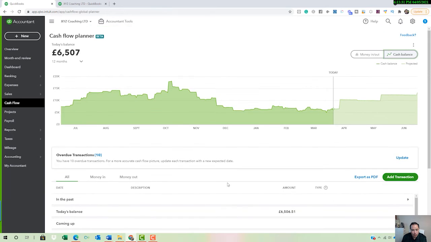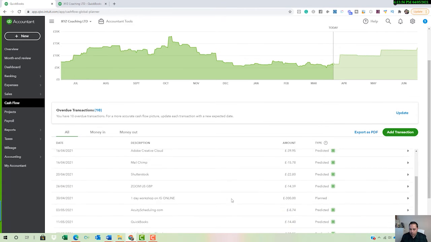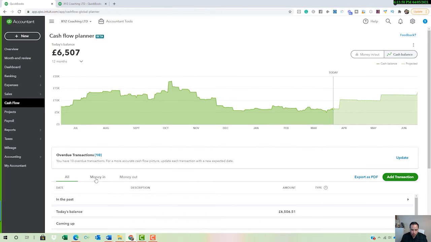It's also smart enough to tell you here are 10 transactions that are overdue, that customers haven't paid, and you might go and update those transactions. You just go there and say when you expect to collect the payments, and it's simple. For example, I'm just going to show it to you.